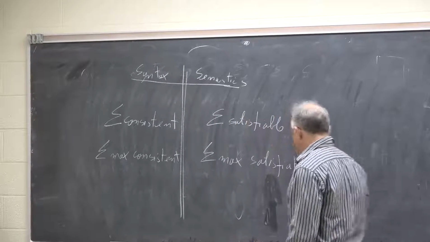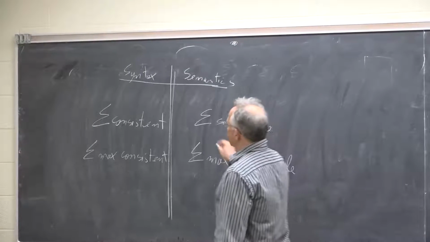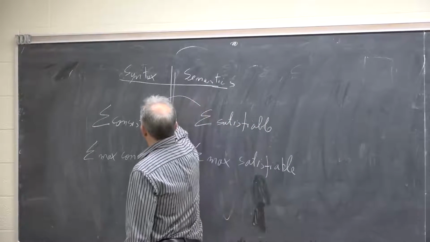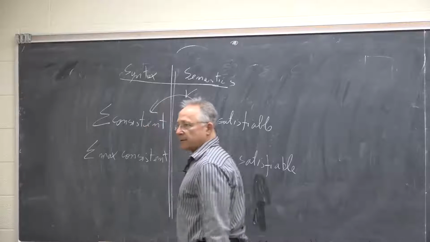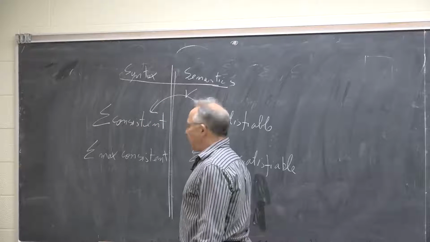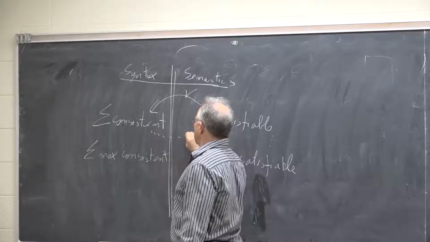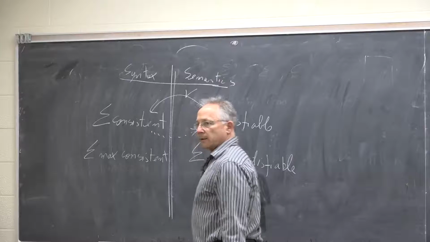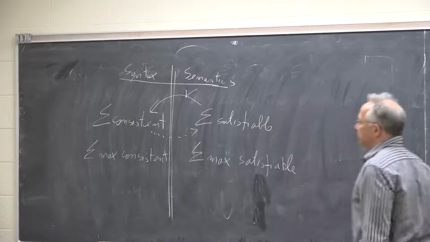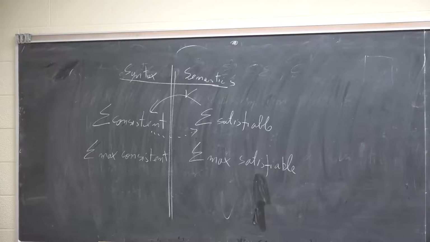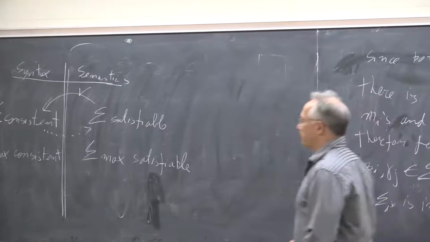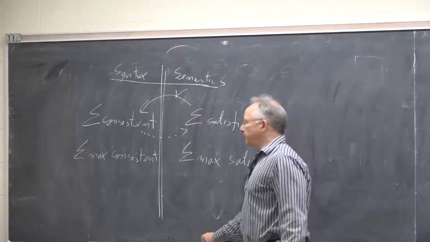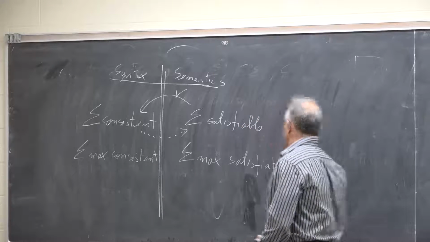And we've already seen that if it is satisfiable, then it is consistent. This we've already seen. Now I want to show you this direction: that if it is consistent, then it is satisfiable. And then we will also show equivalence between these two.